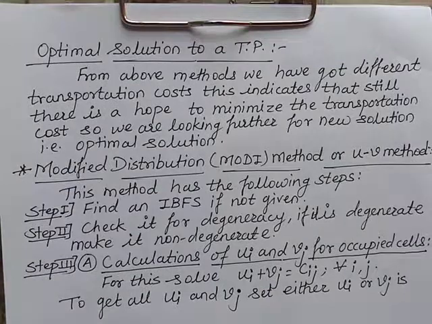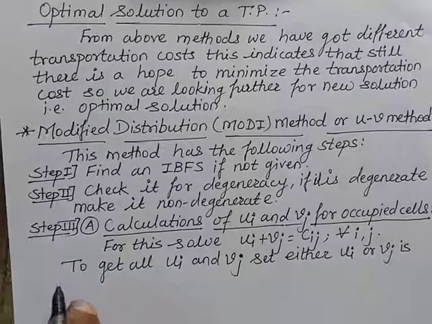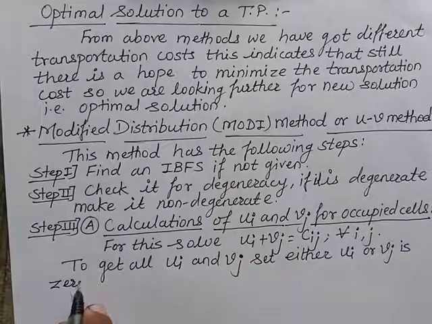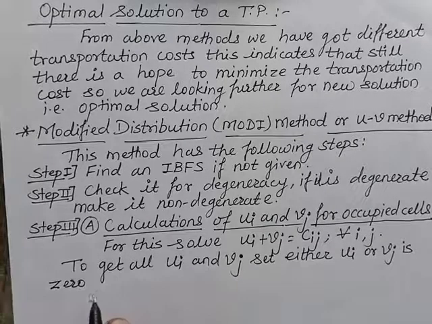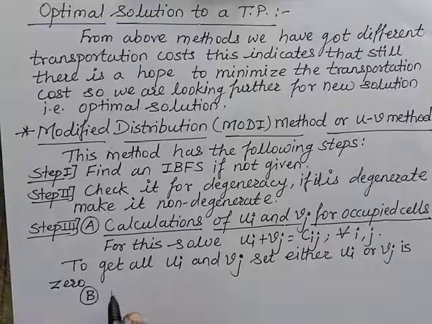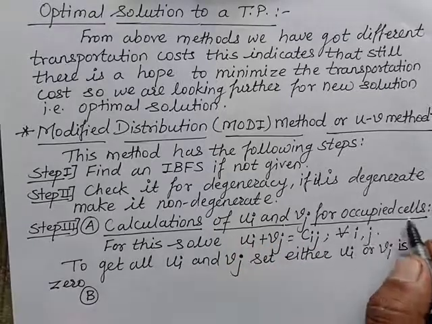Any one of the ui or vj we have to set as 0, then we can easily determine the other one. Now in the same step, part b, the above was the calculation for occupied cells.